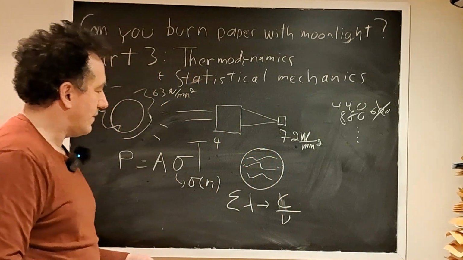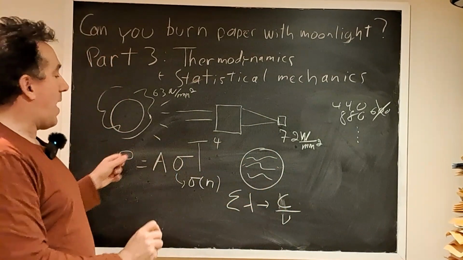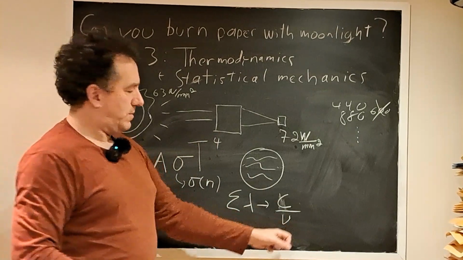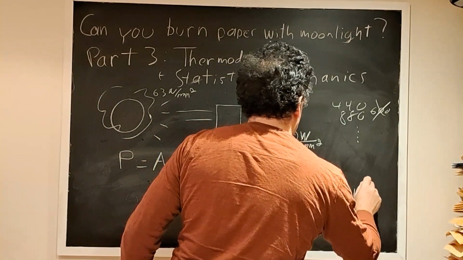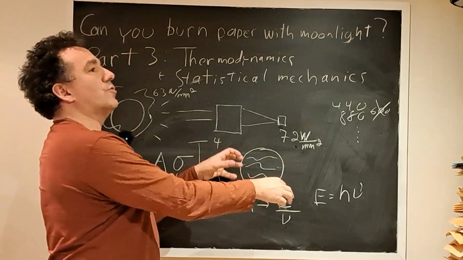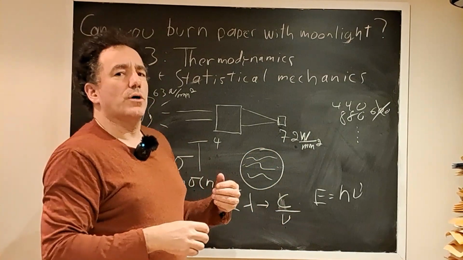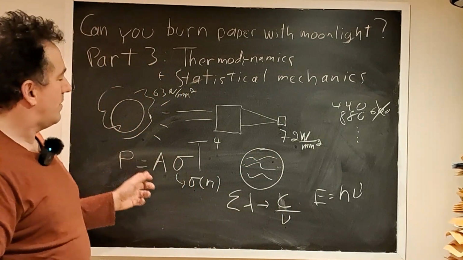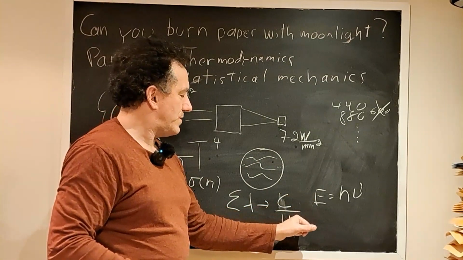And using this formula, we can get some power because we know that photons have a certain energy that depends on their frequency. The energy is equal to the Planck constant times the frequency. So when you sum over all the possibilities here to get your total power, so how much radiation you can fit in there at equilibrium, you get a dependency on the speed of light and to get the frequency.